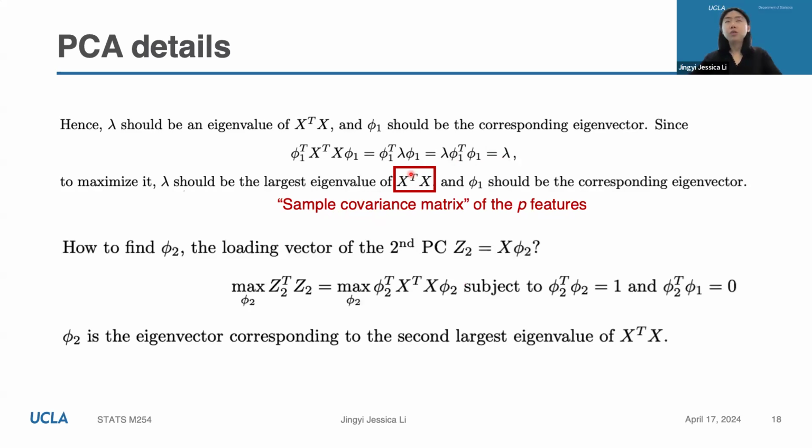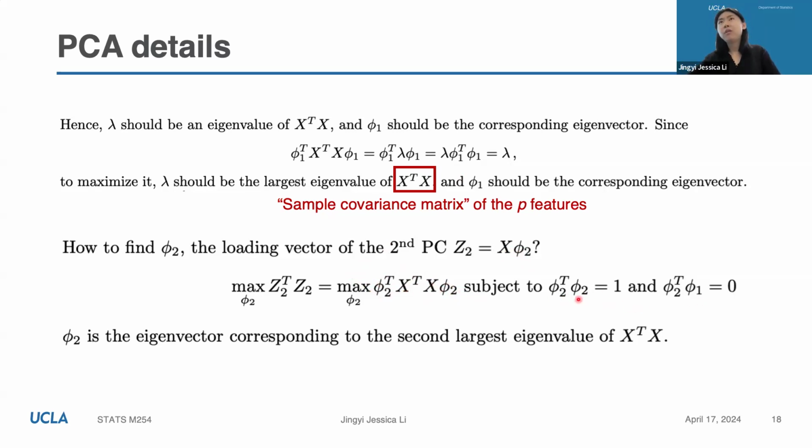How about PC2? If we want to find PC2, which we call Z2, it's again the same P features, but now linearly combined using the second loading vector. Again, we want to maximize the variance in the second PC, but we have one more constraint.